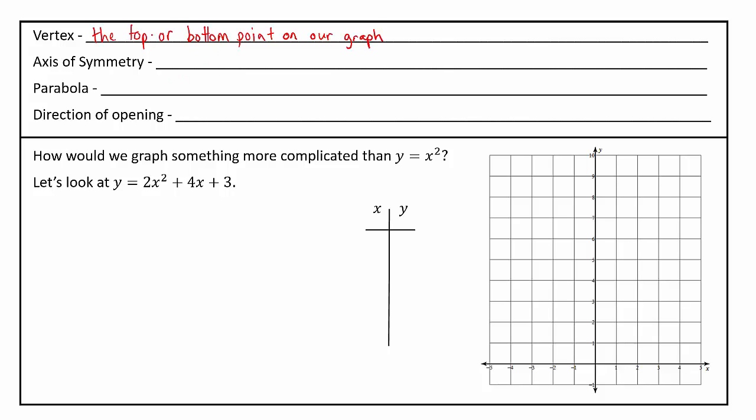The axis of symmetry is the vertical line that splits the graph in half so that we have the same thing on both sides. It also, though, if you were writing it down, if you want the equation, it's x equals the x coordinate of the vertex.